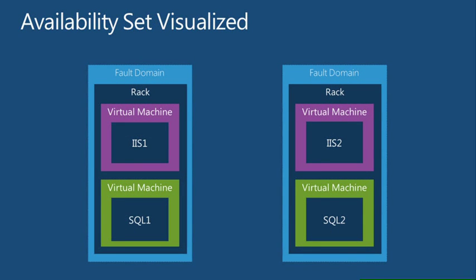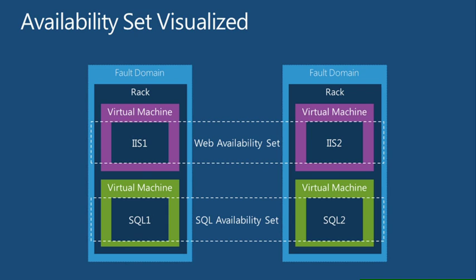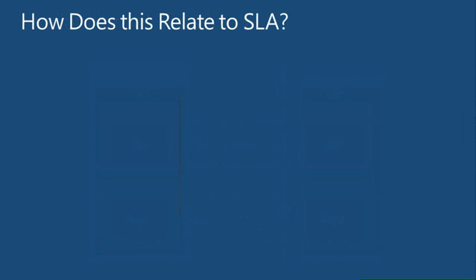The way you need to think about building a highly available system is to create an availability set for the VMs that you have at every tier. If you have a large multi-tier application, you need more than one VM at every tier to have 99.95 availability.